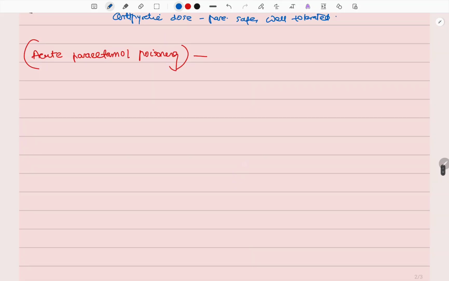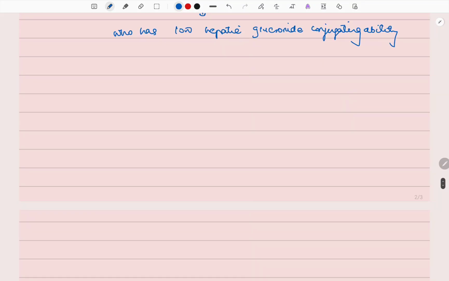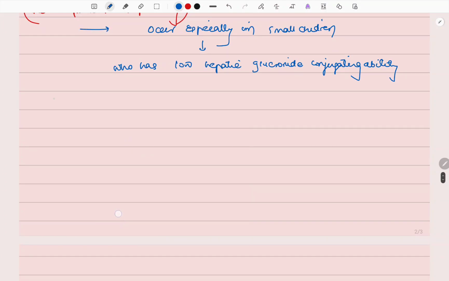So we will write that it occurs especially in small children who have low hepatic glucuronide conjugating ability, and if a large dose is taken, how large?